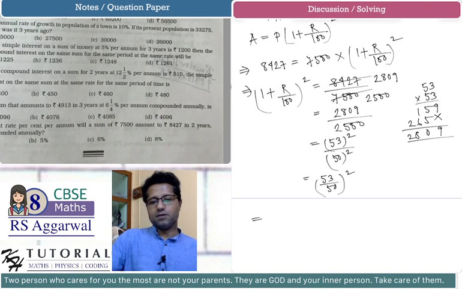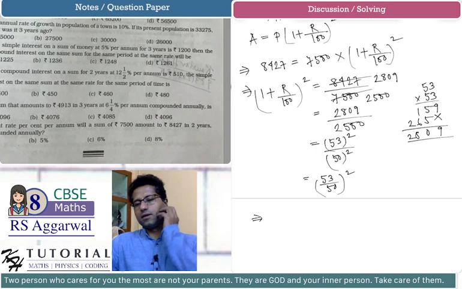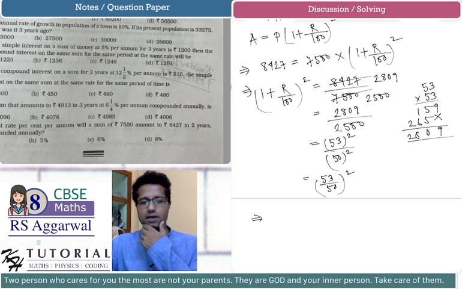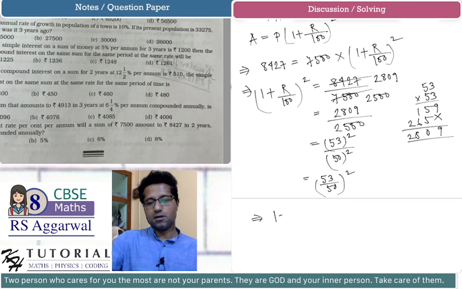So we now see in the equation both the left hand side and the right hand side are exponential terms, and both have the same power, that is 2. So we can equate the base. So we must have 1 plus r by 100 is equal to 53 by 50.